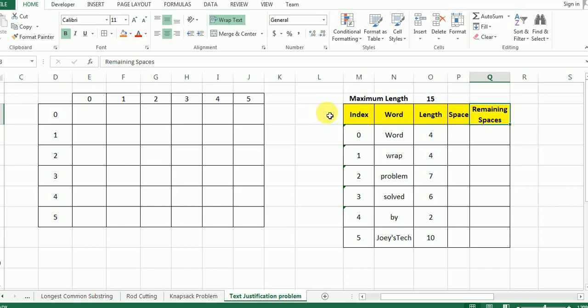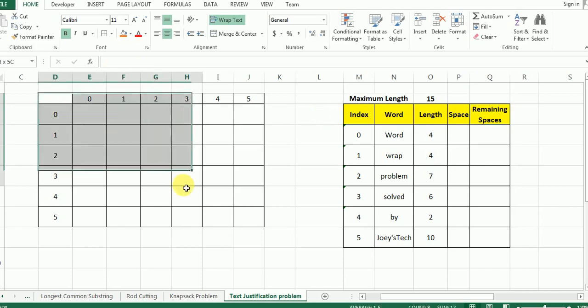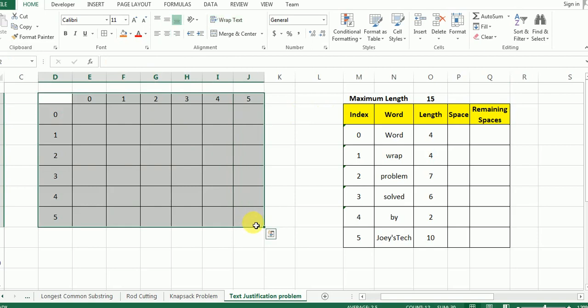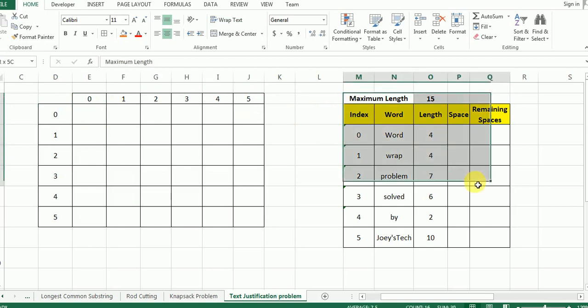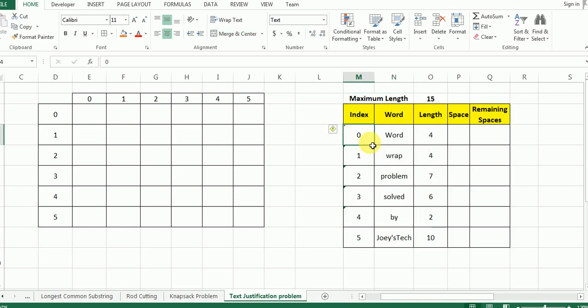So here we are at our setup. This is our cost matrix which we are going to fill with values which we are going to calculate by thorough analysis. And there is one table here on the right. This table is just here for the calculation purposes.